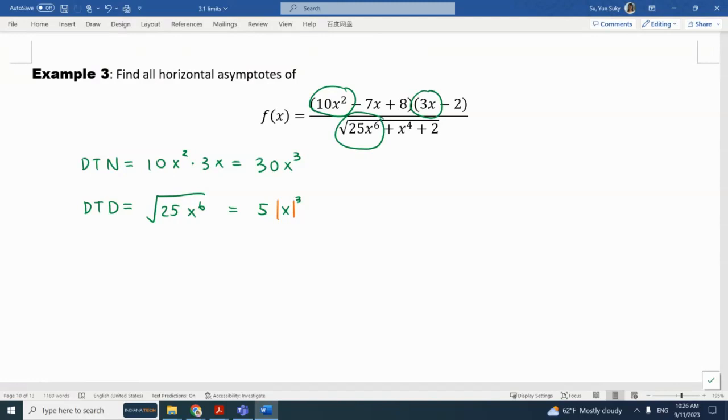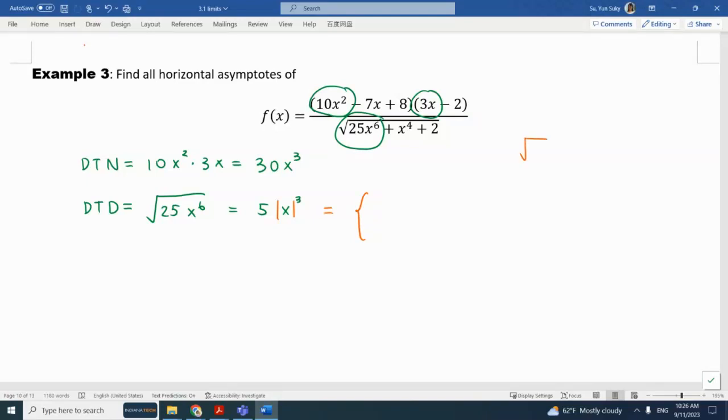It's 3. But if you see the square root of x to the even power, please make sure you put absolute value. Because in this case, you will have 2 different horizontal asymptotes. Okay, everybody? Yes. All right, so how do we break it?